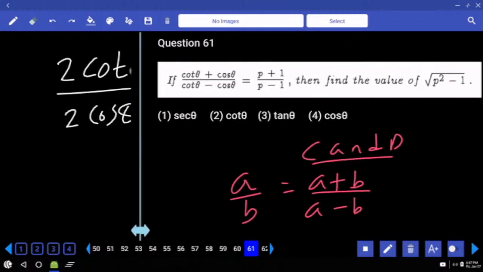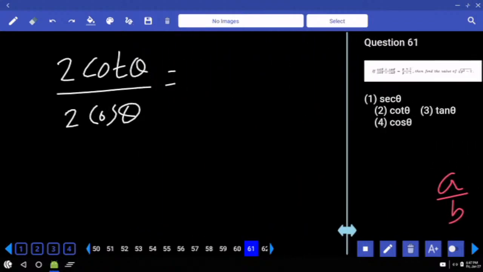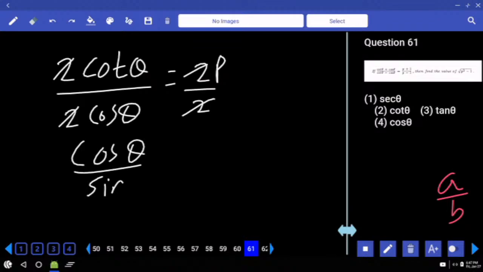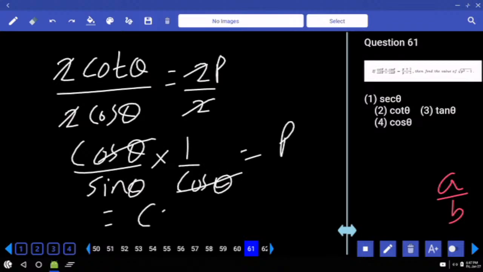Here P plus 1 plus P minus 1 is 2P, and this is 2. So the 2s cancel. So cot theta by cos theta: cot theta means cos theta by sin theta, by cos theta, into 1 by cos theta. Now 1 by sin theta is cosecant theta.